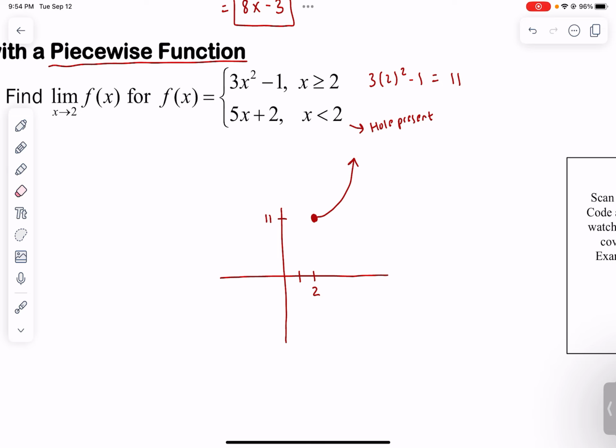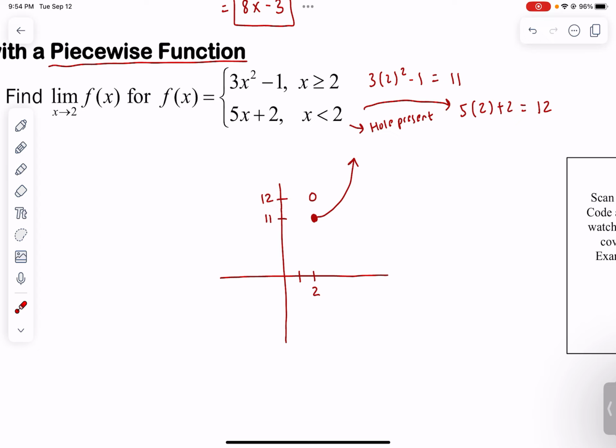So to figure out where the hole is, plug in this 2 into our linear function. So we have 5 times 2 plus 2, which should equal 12. So let me extend the graph. At a y value of 12, when x is 2, we have a hole at 12.